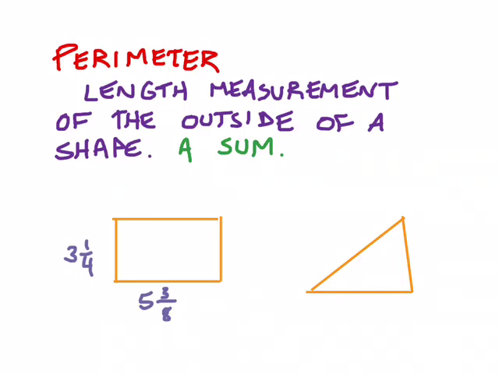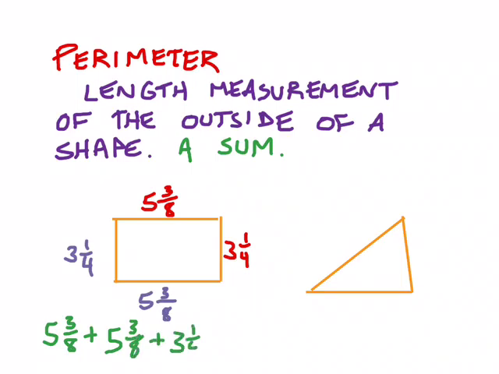So if you see 3 1/4 on one side, you know that the opposite side is 3 1/4 as well. And if you see 5 3/8, you know that 5 3/8 is also the measurement of the other side. And you just have to add these up. So I'll end up doing 5 3/8 plus 5 3/8 plus 3 1/4 plus 3 1/4.